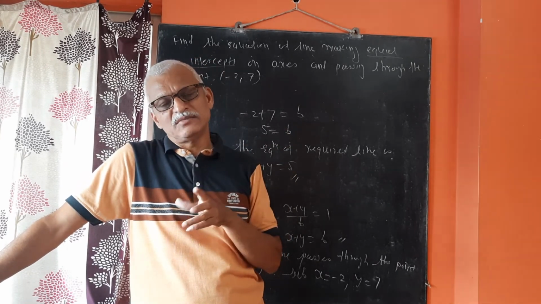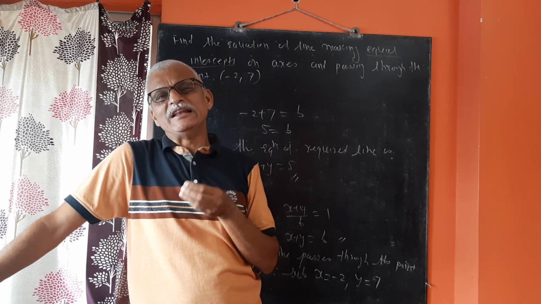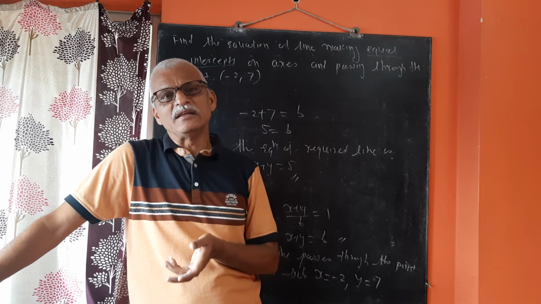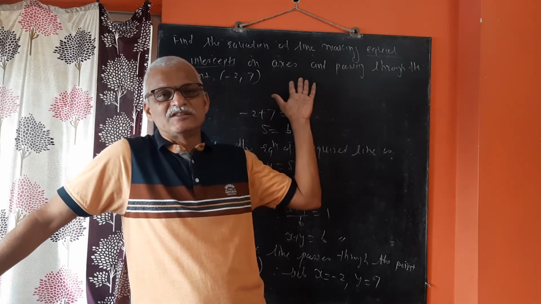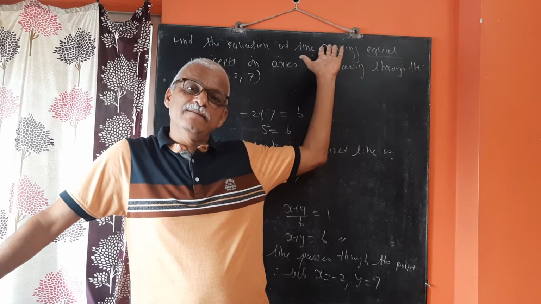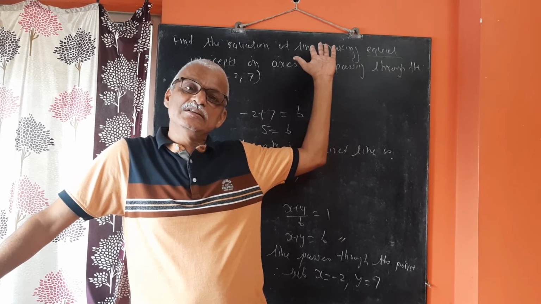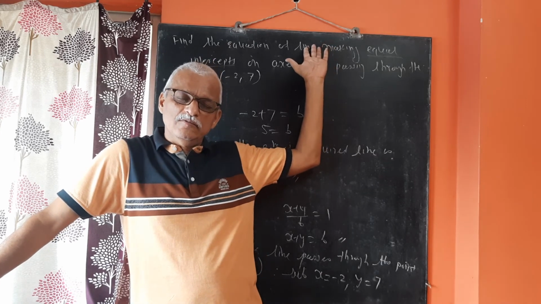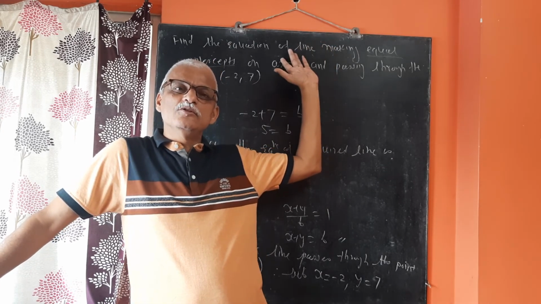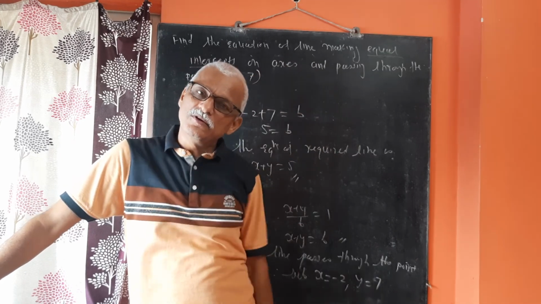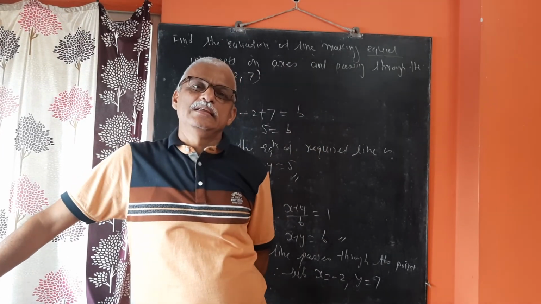Generally in our exam, very rarely will the problem be on the two intercept form. But for the first three, there is always a problem. That means slope intercept, point slope form, two point form, and the general form. That's it for today. Here we will stop.